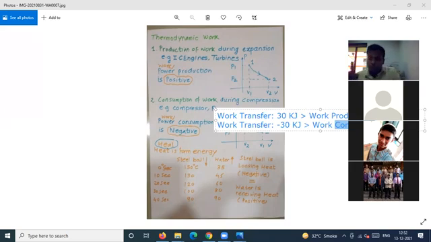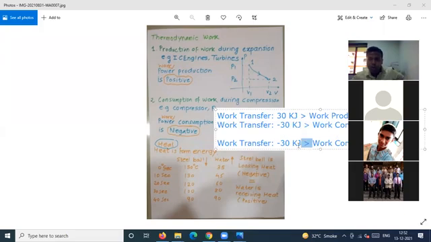But the mistake you commonly make is that you mention work consumed is minus 30 kilojoule.